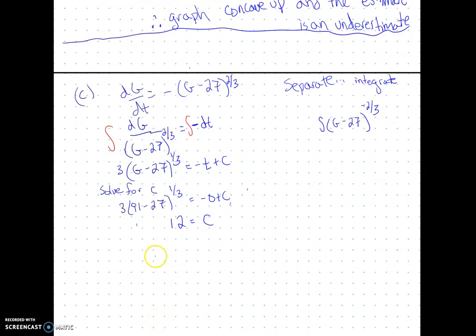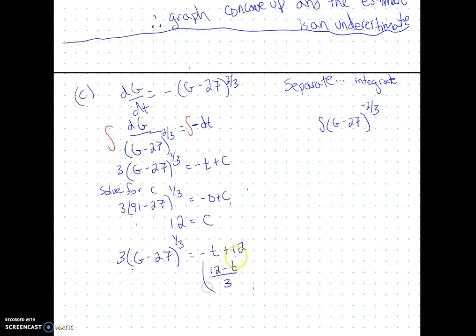Now we can go ahead and solve for our g. If you didn't solve for the g in this problem, technically I don't think they could take off points for you. I'd have to go back up and read the prompt, but I don't want to go away right now. I think it's good habit to solve for the g. This is going to be 12 minus t divided by 3.